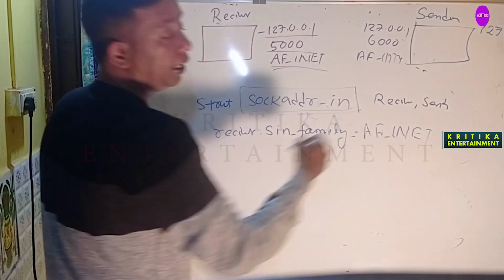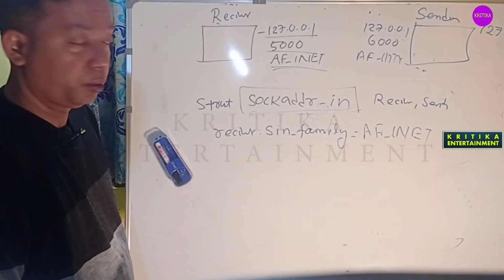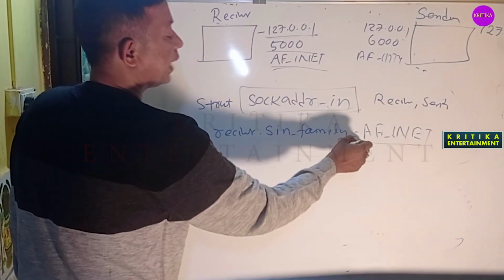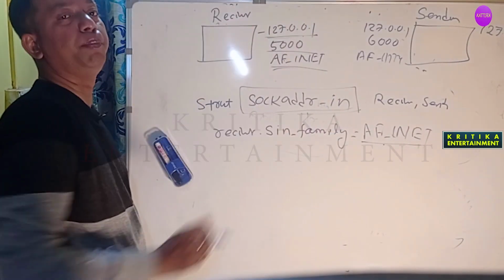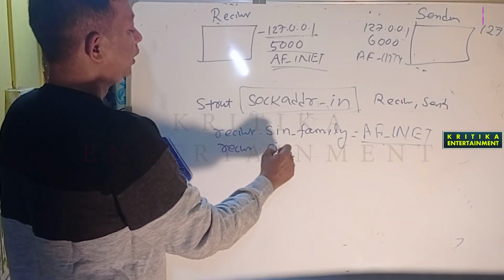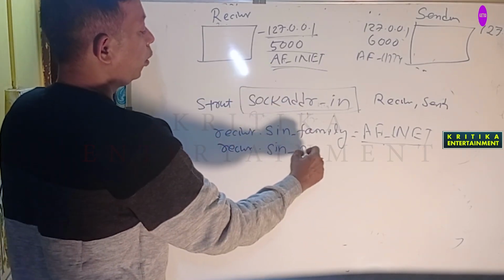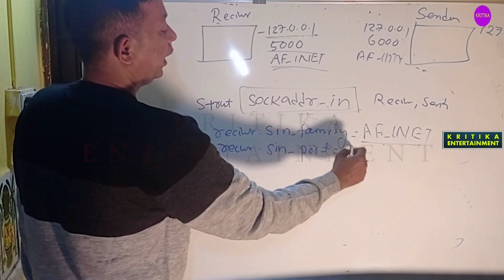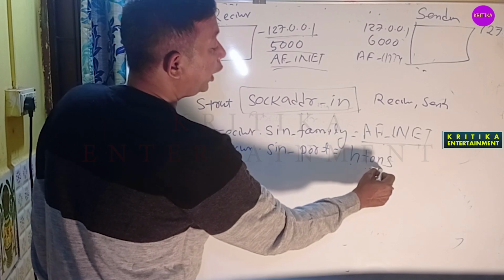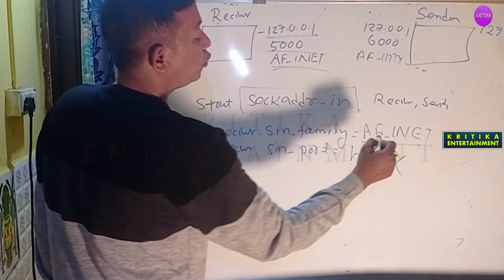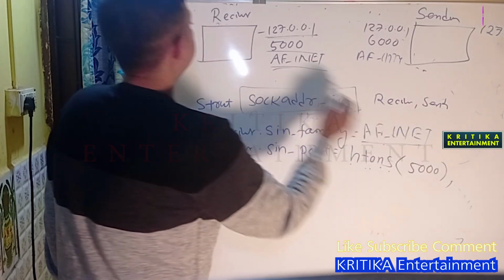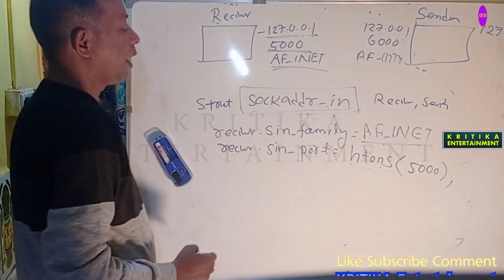That means my family is IP version 4, so that I can later store this, because my domain is this, meaning IPv4, I will store the IPv4 IP address. Then receiver dot sin_port. I have told you what is port. htons, host to network short. Short means it is 2 bytes. So I will store here 5000. That means my receiver port is 5000.